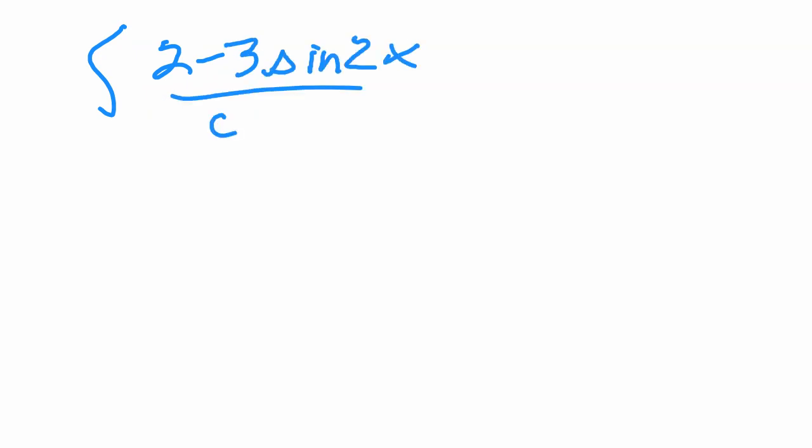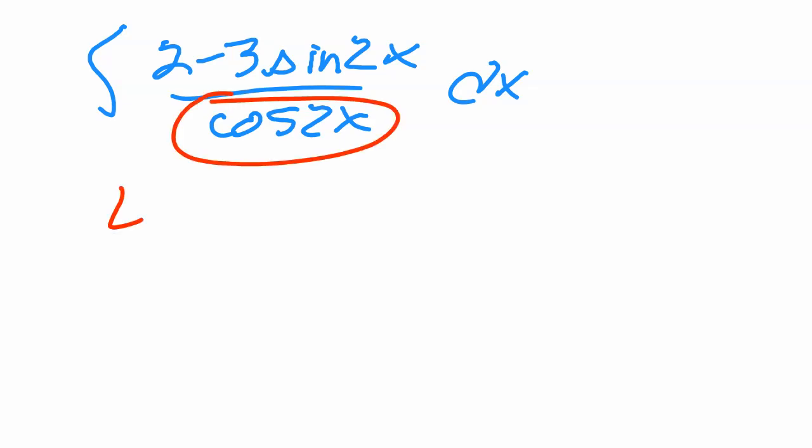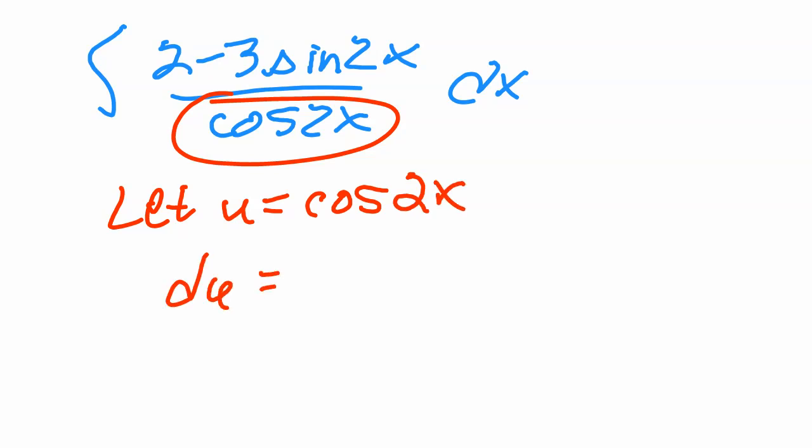So let's try a different approach. I'm just going to rewrite this real quick. It was 2 minus 3 sine 2x over cosine 2x dx. The other thing we could possibly do with substitution is, hey, let's replace the bottom one. So let u equal cosine 2x, and see if life's any better. du, the derivative of cosine, is minus the sine of 2x times the derivative of what's inside, which is 2.